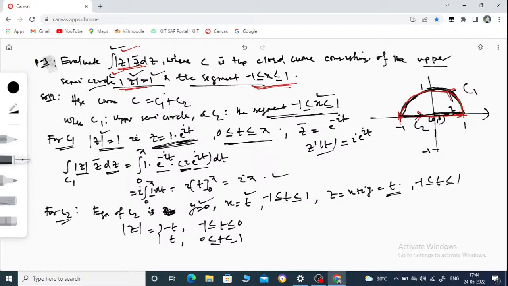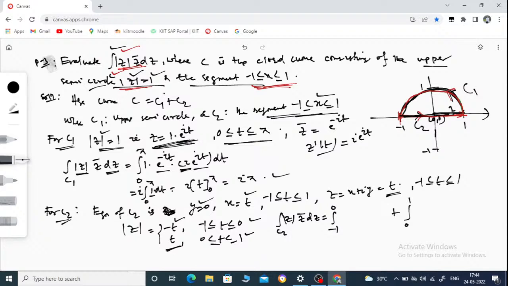Similarly, mod z value is minus t when t lies between -1 to 0, and mod z is t if t lies between 0 to 1. So if I take its integration over c2, mod z z bar dz, I will take this from -1 to 0, then 0 to 1.